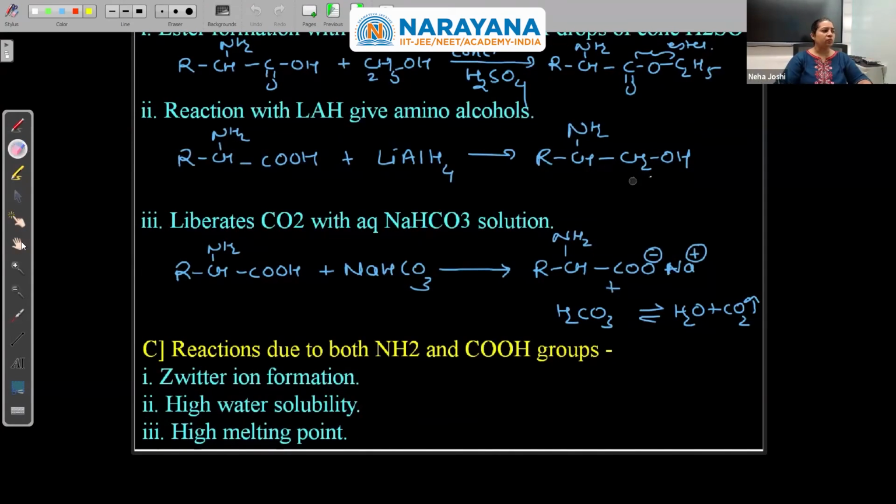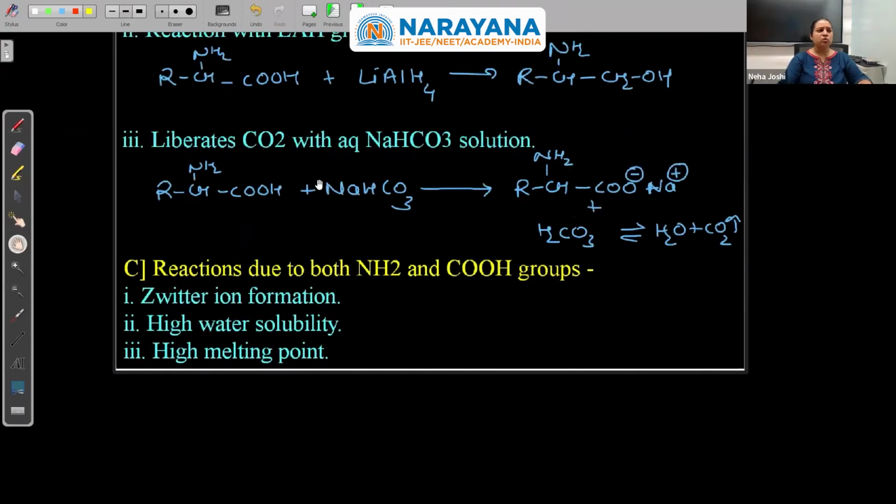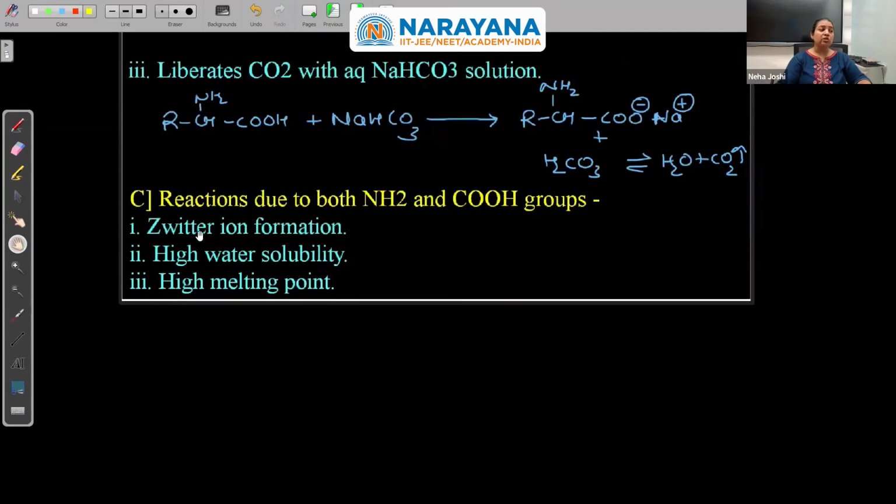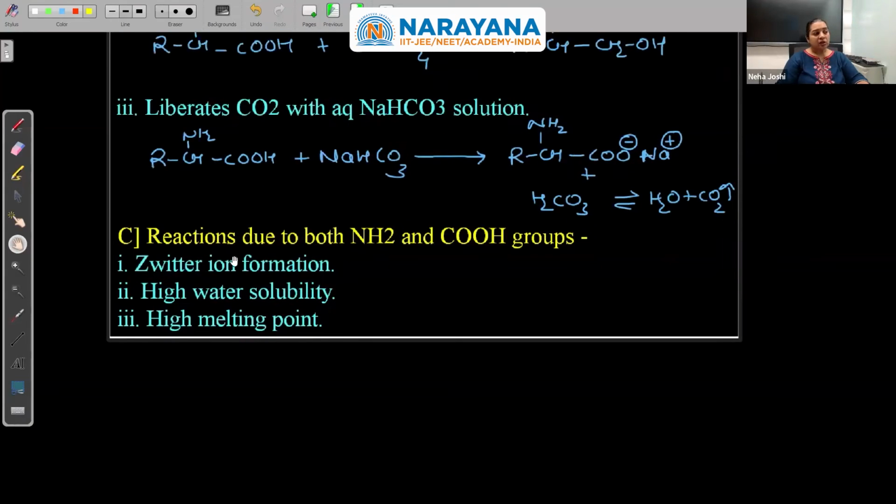That also we know. It liberates CO2 with NaHCO3, nothing new, all carboxylic acid reactions. Reactions due to both NH2 and COOH, so Zwitterion formation, high water solubility and high melting point. These are the properties which are explained by Zwitterion formation, and Zwitterion is explained by the presence of both NH2 and COOH group.